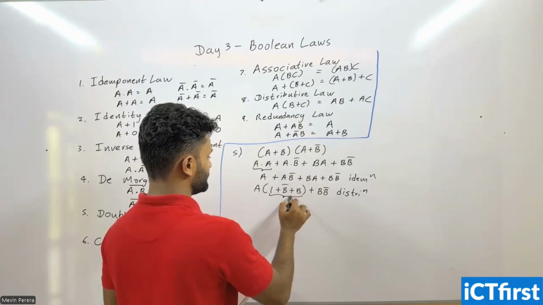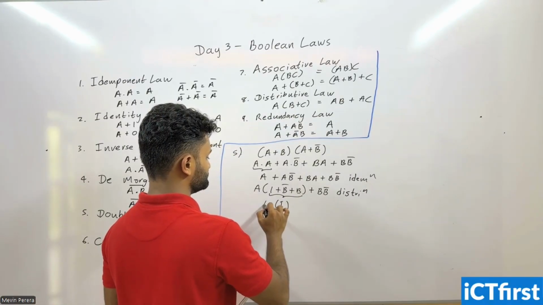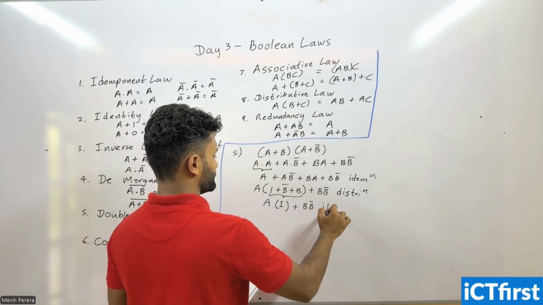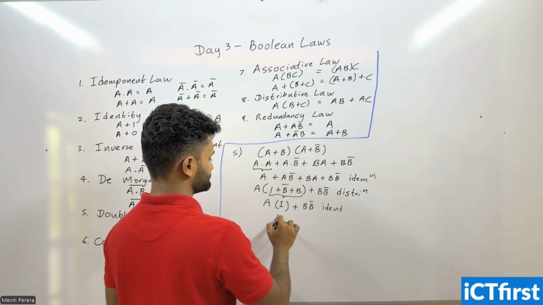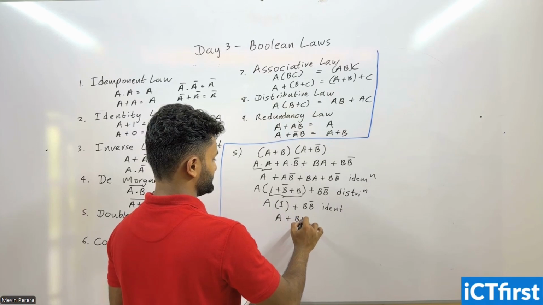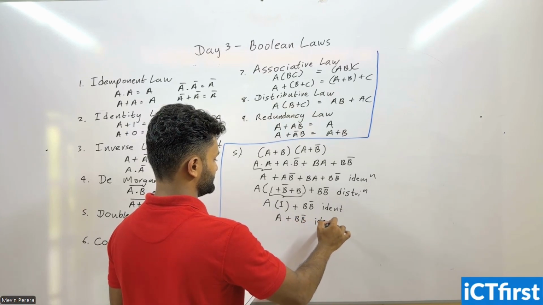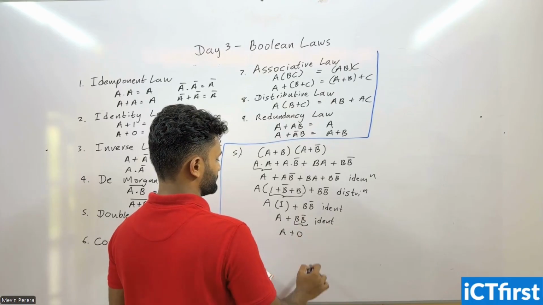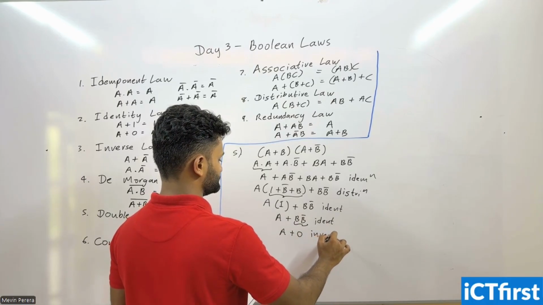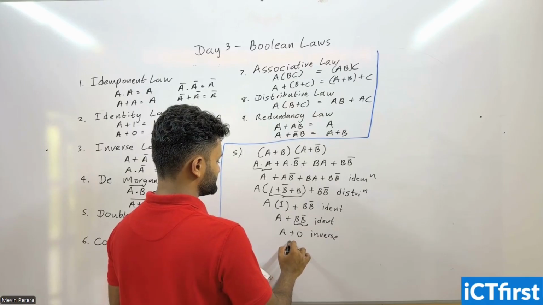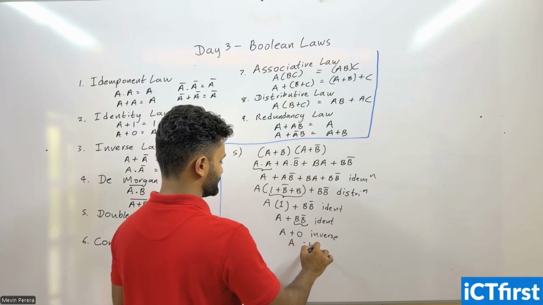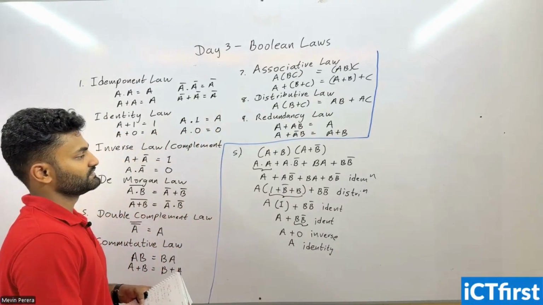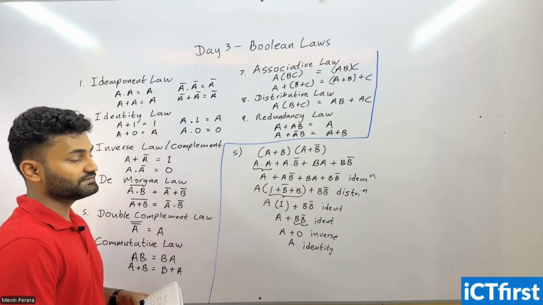This is equal to A times 1 plus B dot B bar, identity. Same thing, B dot B bar, that is identity. Then this is equal to 0. That is inverse law. Then A plus 0 is A, that is also once again identity, right? So that is how you simplify the fifth one.